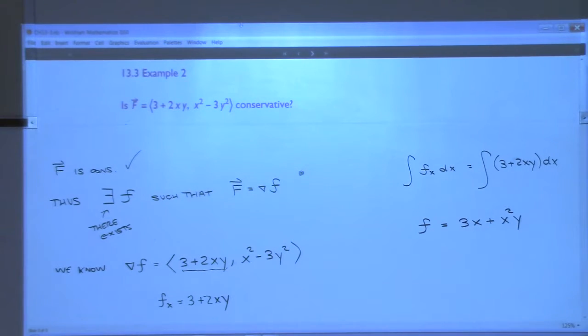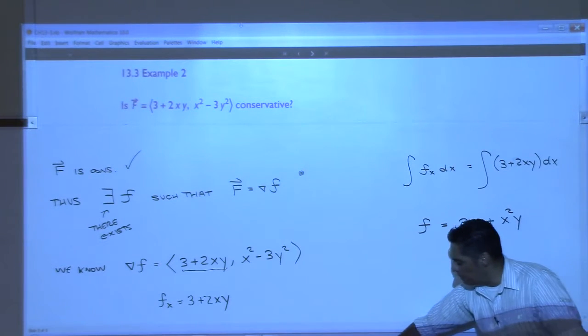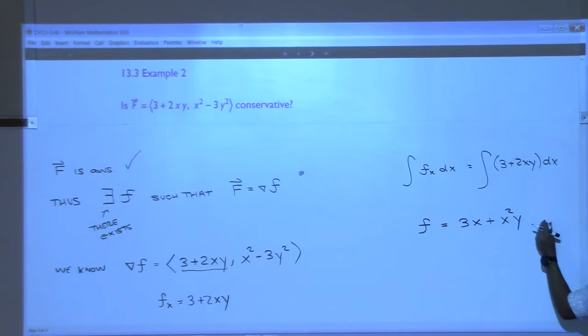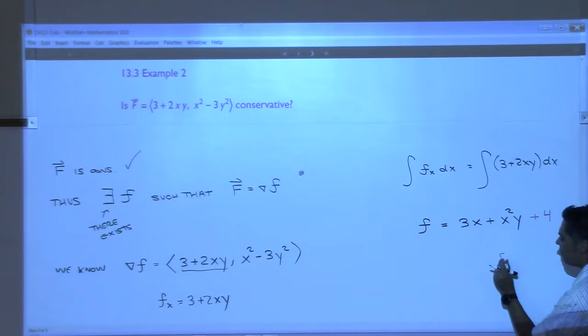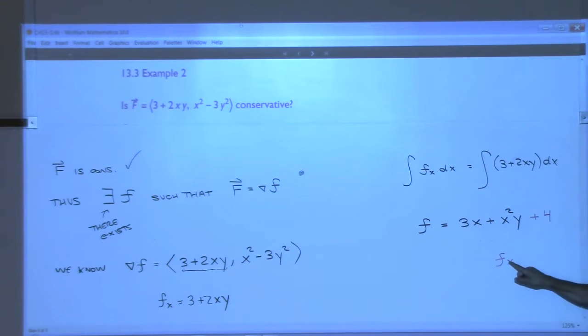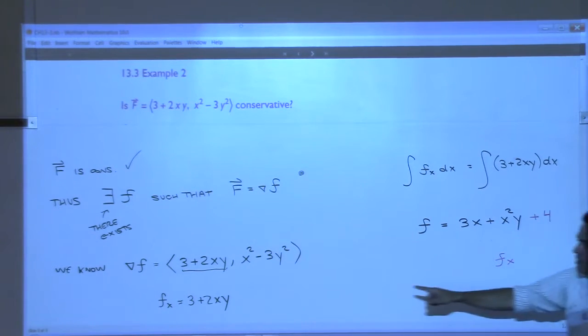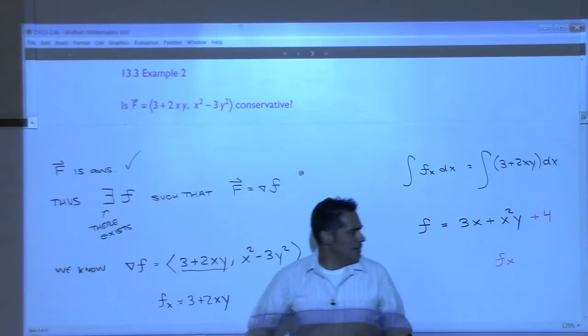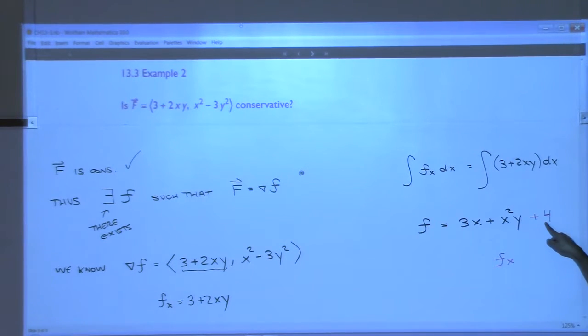I'm not done, but let me put something up here. If I put plus 4, do you all agree that if I take the partial of this with respect to x, I'm going to get this? So yes, I do need to say plus a constant.